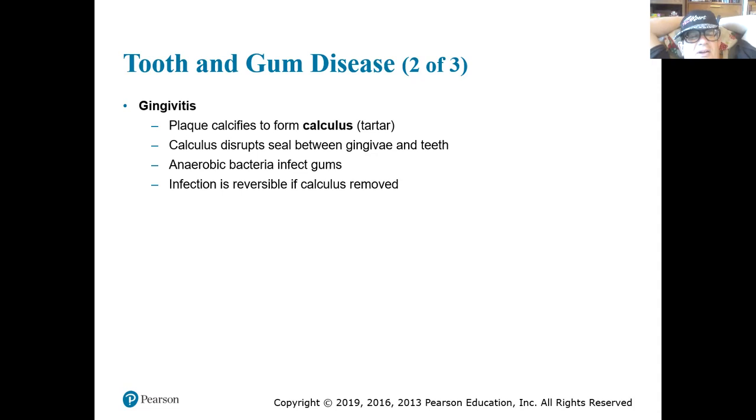It'll let bacteria get down in there and infect the gums. It says anaerobic bacteria. I want to point out that that's not an area with a lot of oxygen, so they're real at home there. And that infection caused by gingivitis can be solved. That's reversible if you have the teeth cleaned and get rid of the tartar, get rid of the calculus.